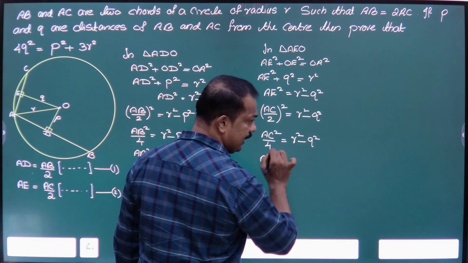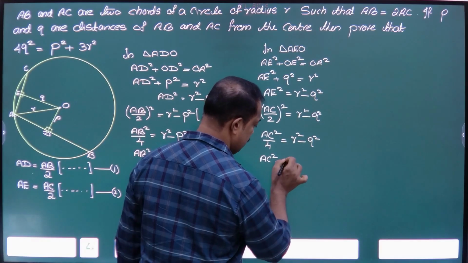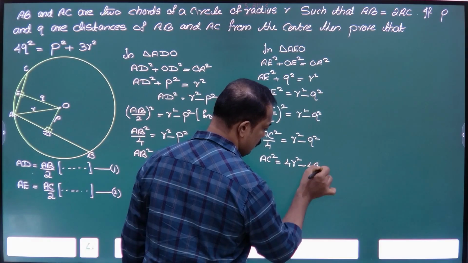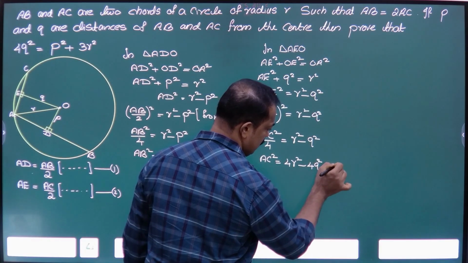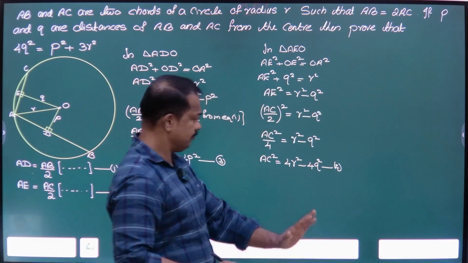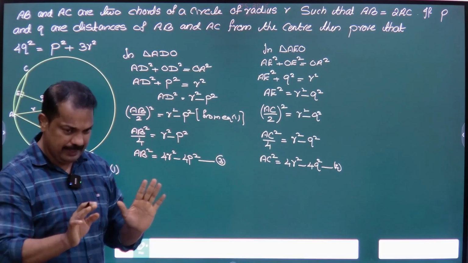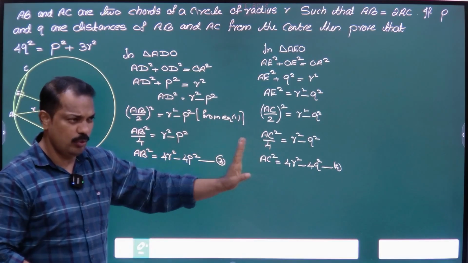Cross multiplication: what will be the answer? AC square is equal to 4R square minus 4Q square, equation 4. Clear? Now pen down. Is that clear?